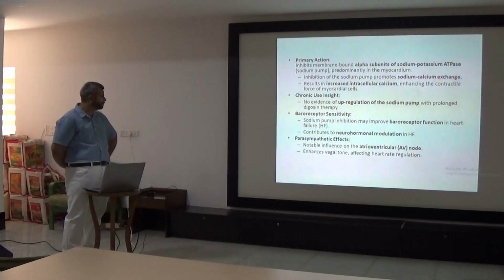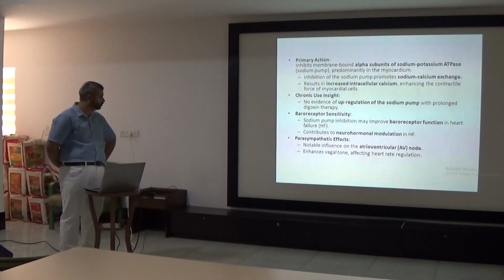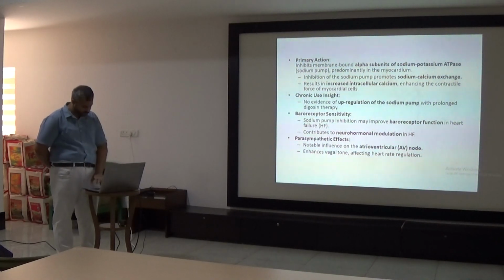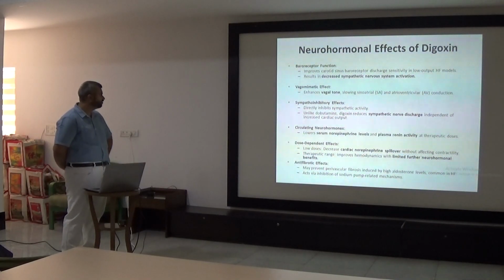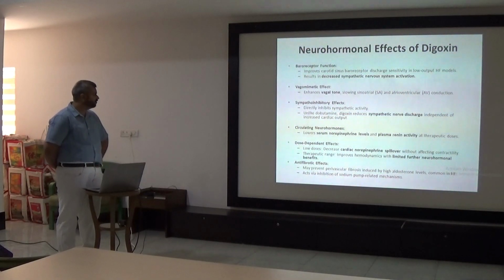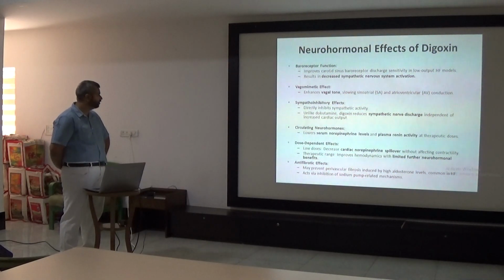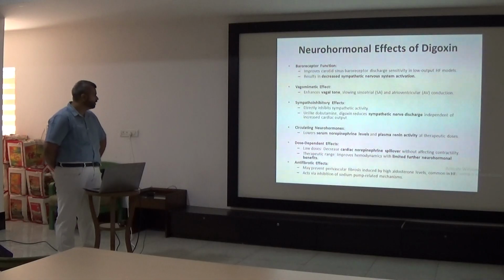Apart from that, there are some baroreceptor functions, neuromodulatory functions. There is also increased parasympathetic tone. The neurohumoral actions, primarily the baroreceptor ones, decrease the sympathetic nervous system activation. It has a vagomimetic effect, primarily acting on the SA and AV node conduction pathways.